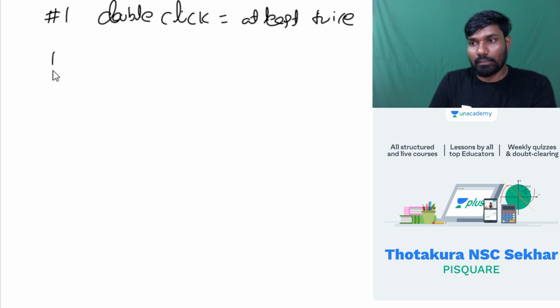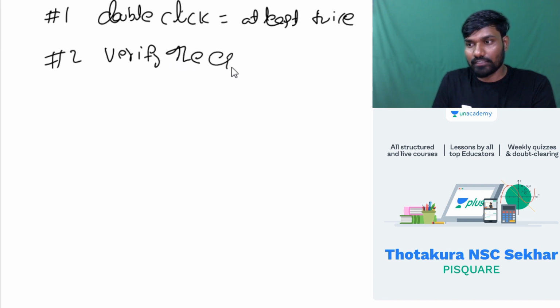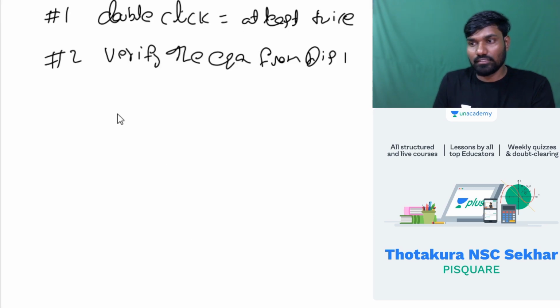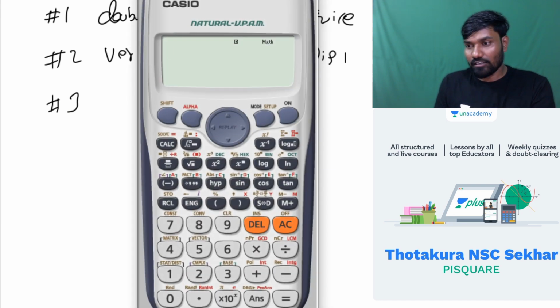Tip number 2 is verify the equation from display 1, whether you entered it correctly or not. Tip number 3, just now I said, what's tip number 3?